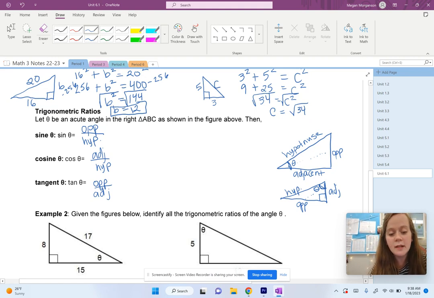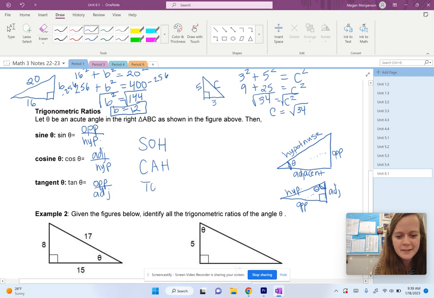To remember this, a lot of times we'll use the acronym SOHCAHTOA, if that sounds familiar at all. So SOH is sine equals opposite over hypotenuse.